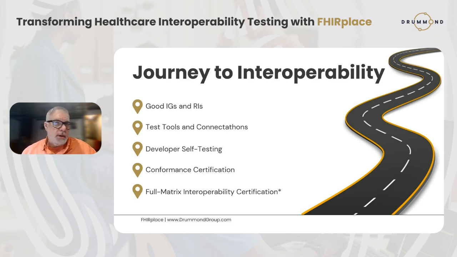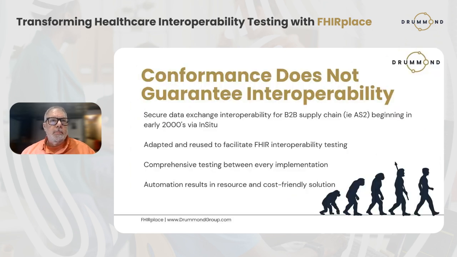And there could be, like in the case of ONC, or Drummond also has some conformance certification programs where implementations are tested to see if they are conformant with the IGs. But as we'll see in the next slide, conformance does not guarantee interoperability.